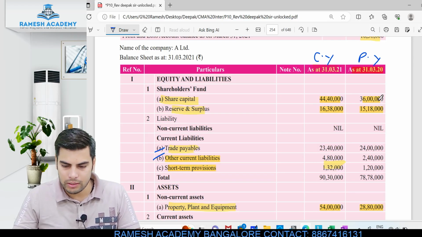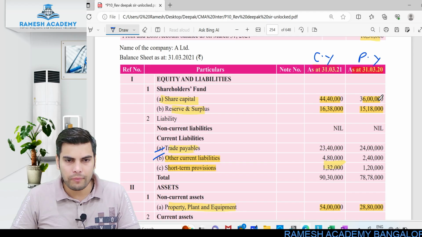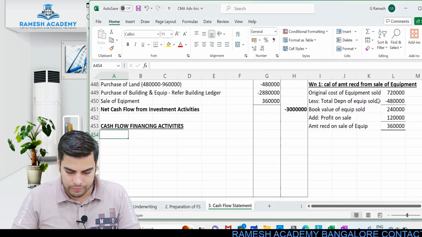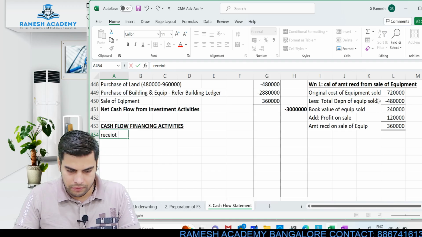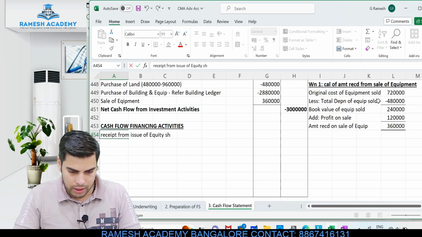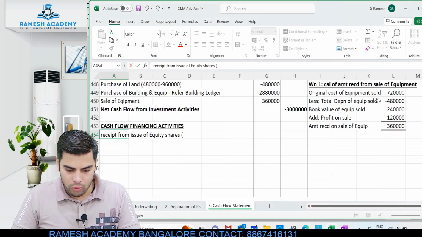Okay, what does it mean? Yes, it is increased. It means the company would have issued some shares and they would have received some amount, right? So receipt from issue of equity shares. So from 36 lakh, it has become 44 lakh 40,000.